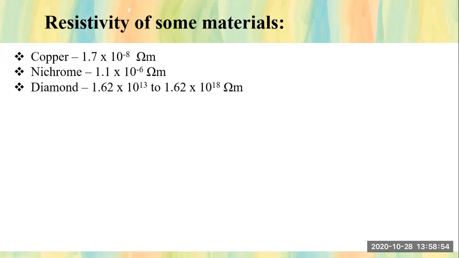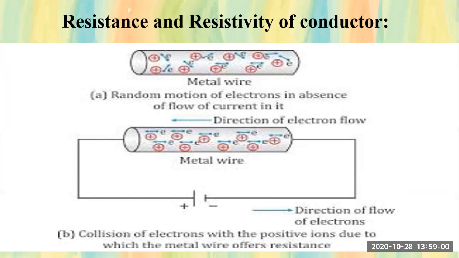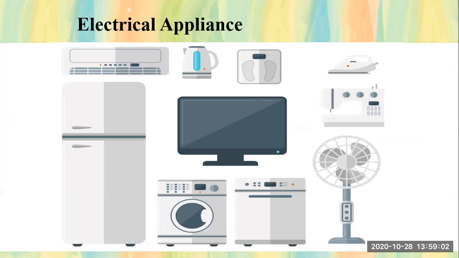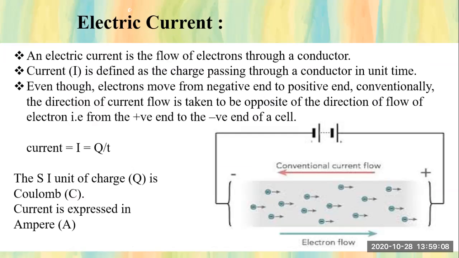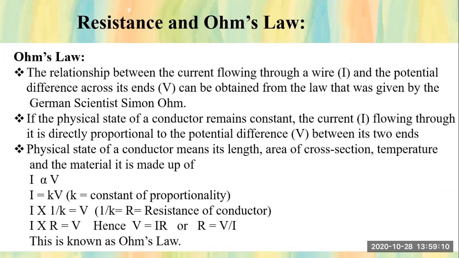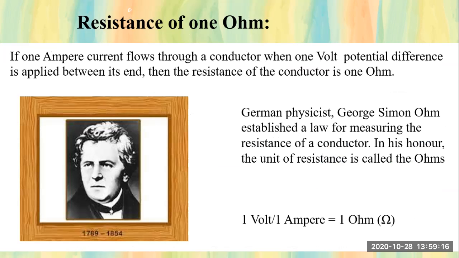Now we will revise all the topics we have learned. First we went through the appliances, then I taught you the potential difference of a cell, then electric current, then resistance and Ohm's law. Then we saw the working of Ohm's law, who invented it, and what is resistance of 1 ohm.